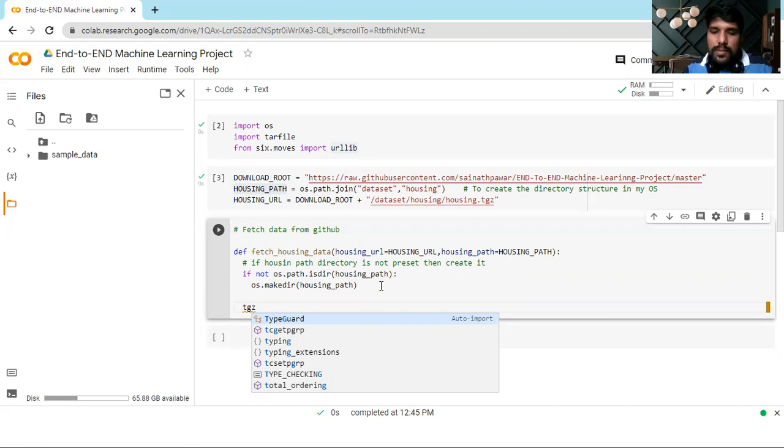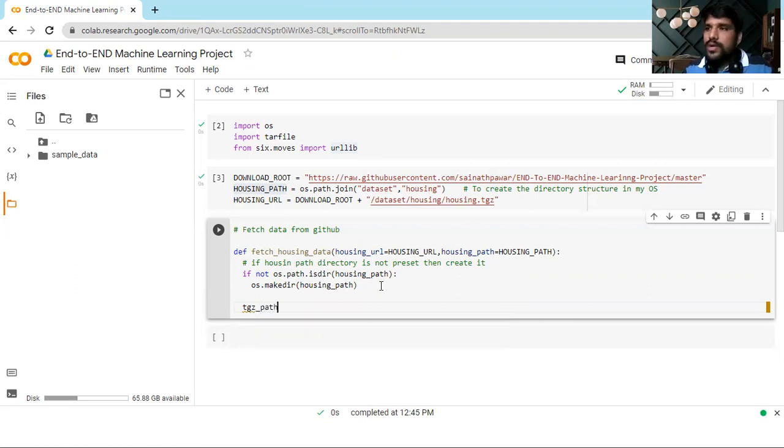Now I have to create the tar file path, like what name I have to give my tar file, because that tar file is coming from my URL. So I'll mention tgz path, os.path.join.